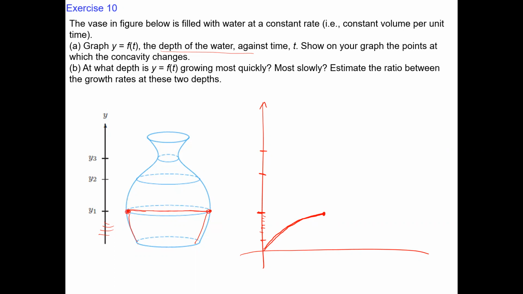Now, with the same constant rate of water coming in, the vase is getting slimmer. Then the height will still increase, but will increase faster up to that point. Y sub 2, Y sub 1, Y sub 3, that's the height.